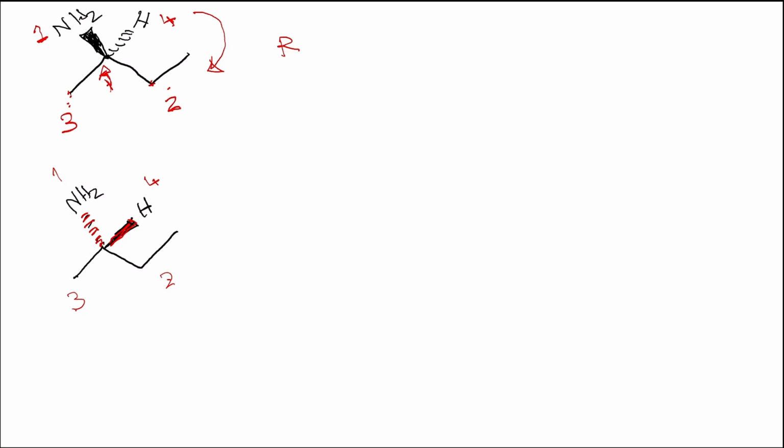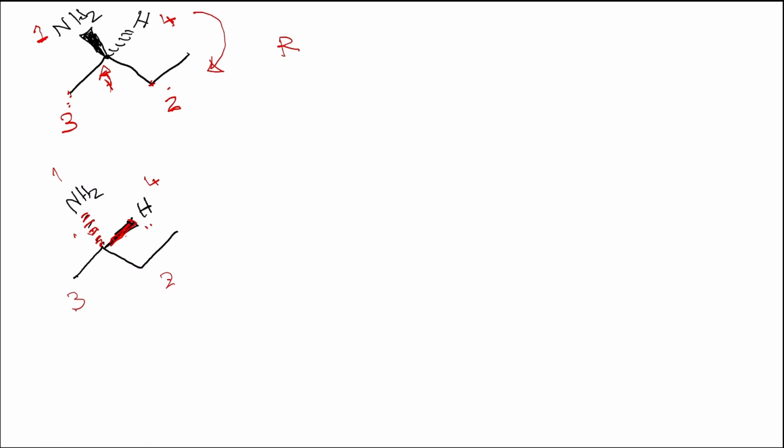So the first way is to redraw your molecule. When you redraw your molecule, you start off by replacing the position of these two groups, making the hydrogen at the back.